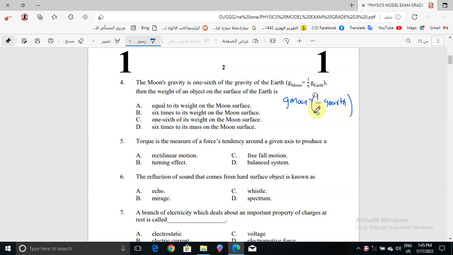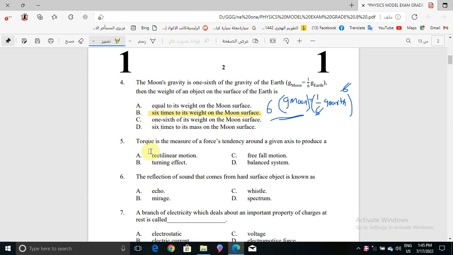Then we will multiply both sides by 6, then cancel 6 by 6. Then what we will have is the gravity of the earth is equal to 6 times the gravity of the moon. So that means the correct answer will be 6 times its weight on the moon surface. So the correct answer for question number 4 will be choice B.